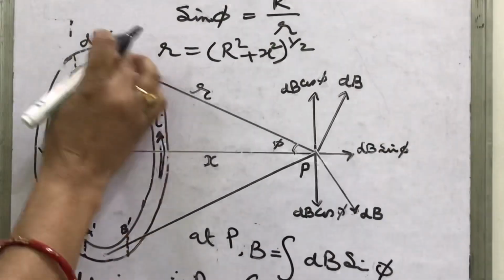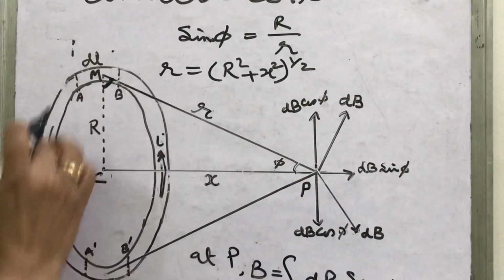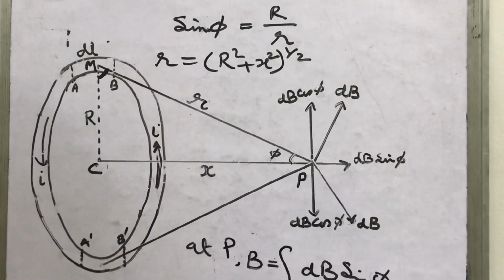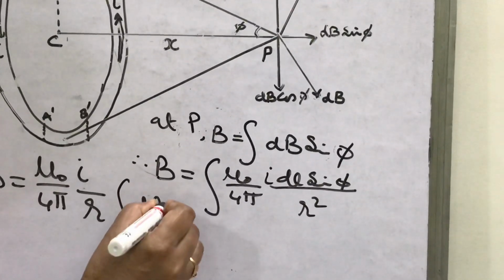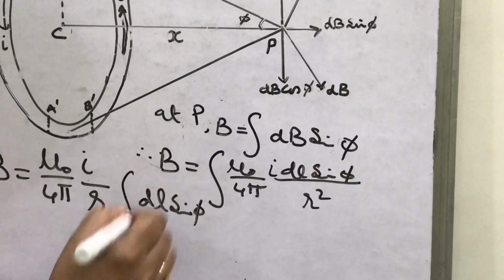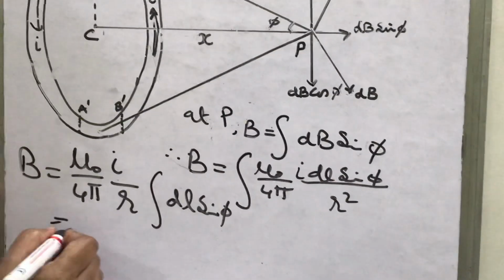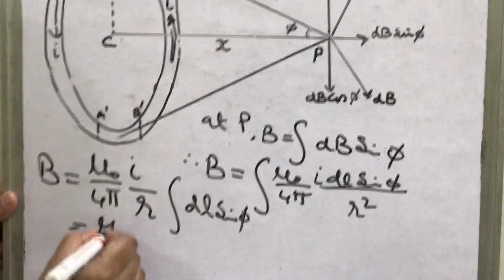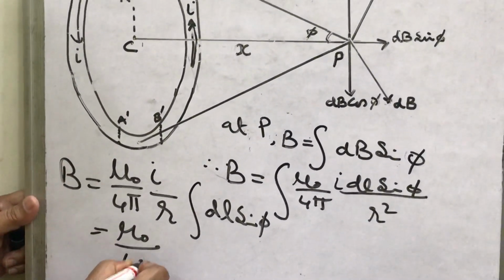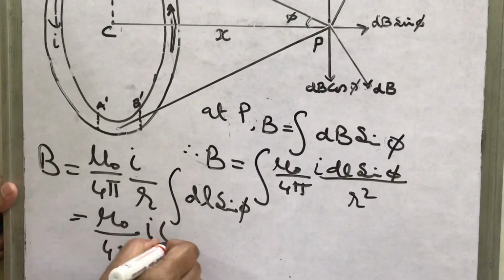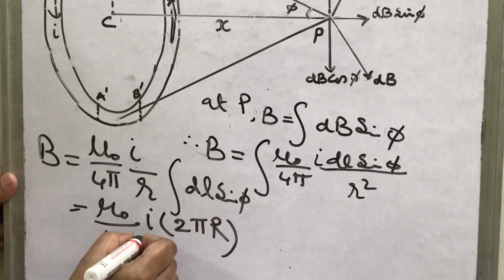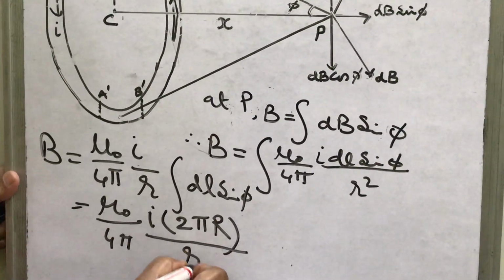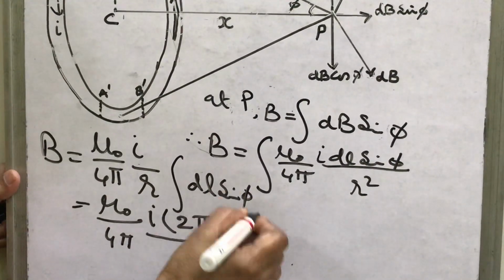And what is dl? For the whole coil length, dl will be 2 pi r. So you can write here dl sin phi. So what will you write here? This is mu naught upon 4 pi I into dl, which is 2 pi r, upon R square into sin phi.